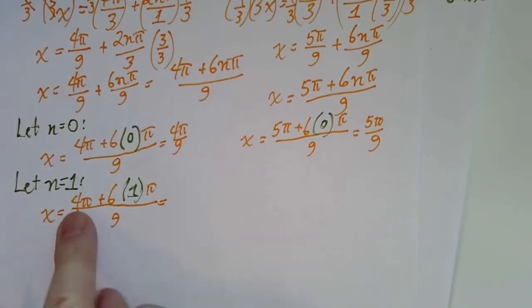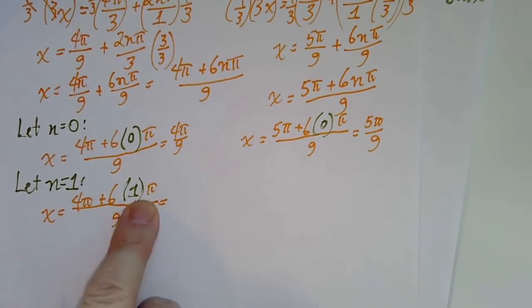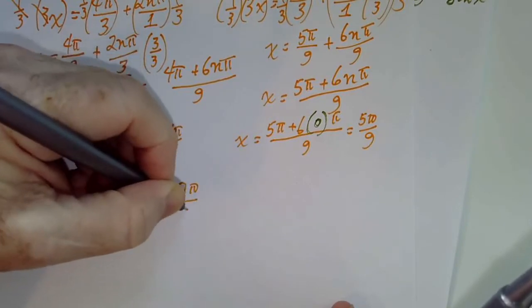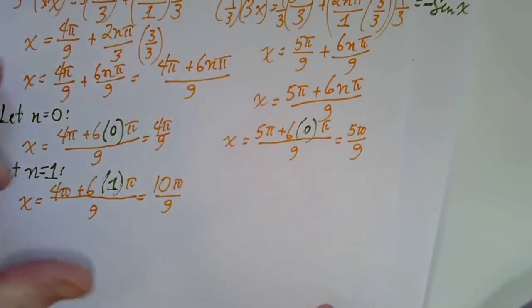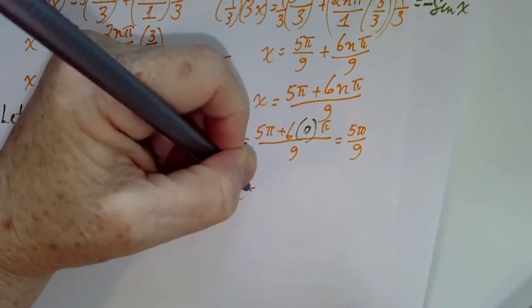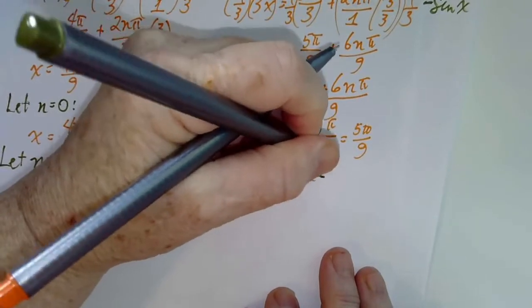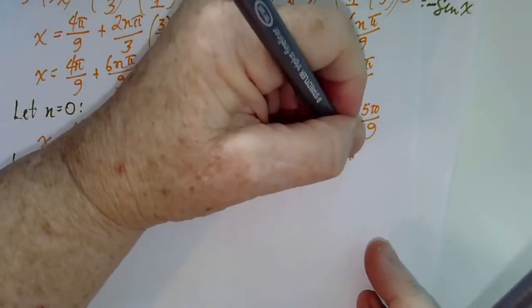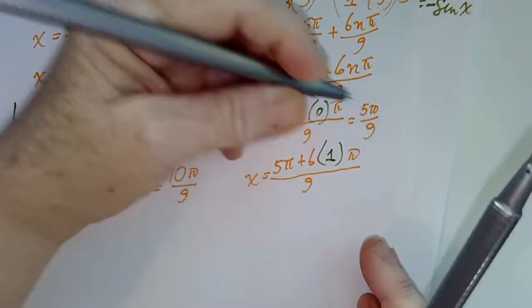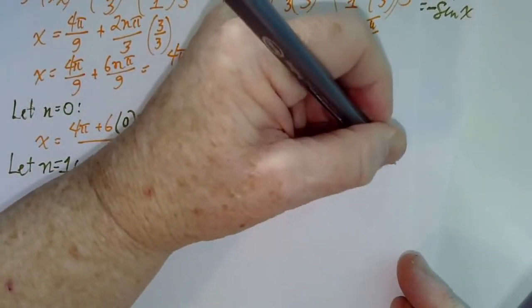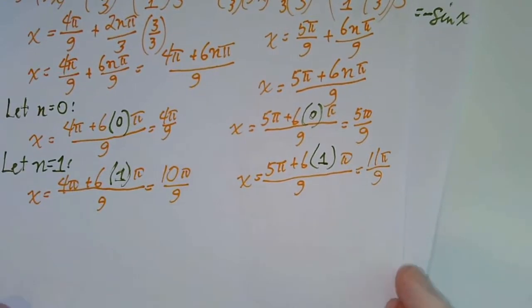And let's see, we've got 4 pi plus 6 pi, that's 10 pi over 9. For the other value, we get x is equal to 5 pi plus 6 times 1 times pi over 9. 5 plus 6 is 11, so we get 11 pi over 9.